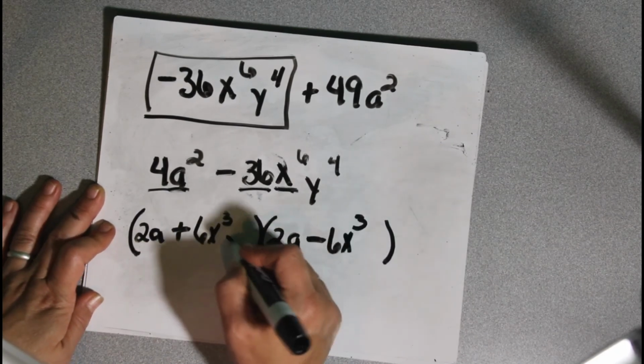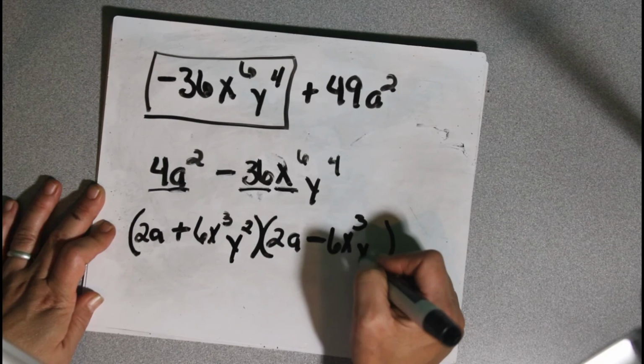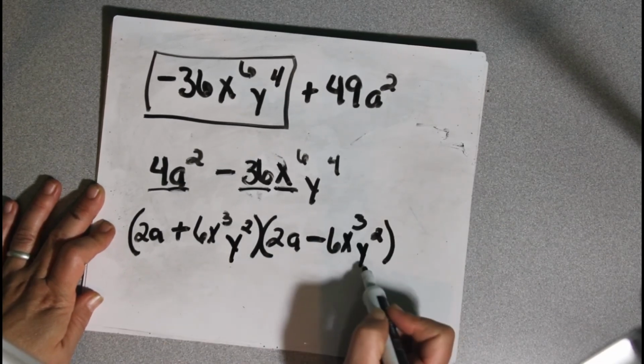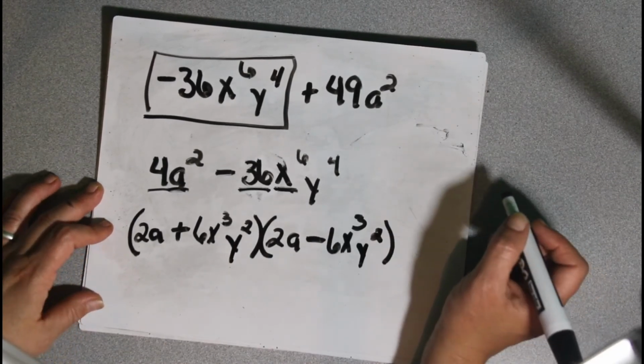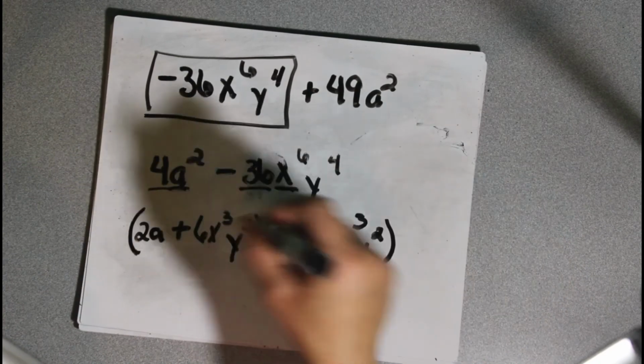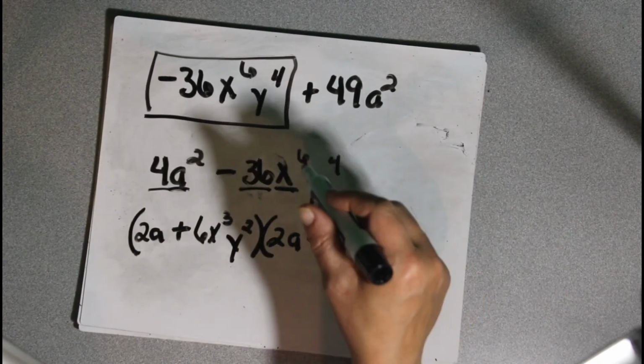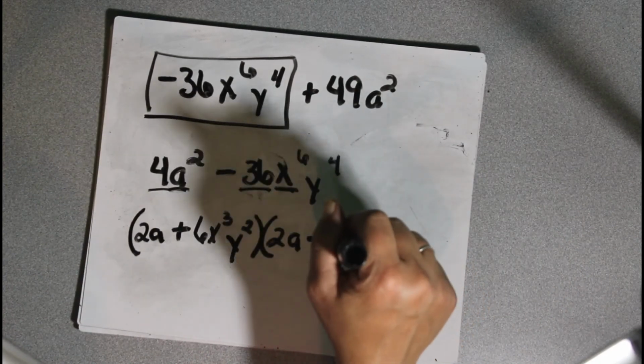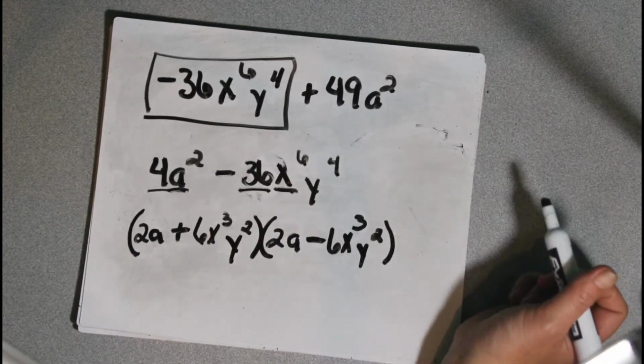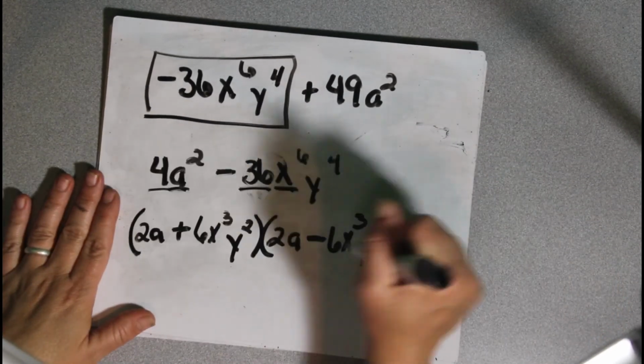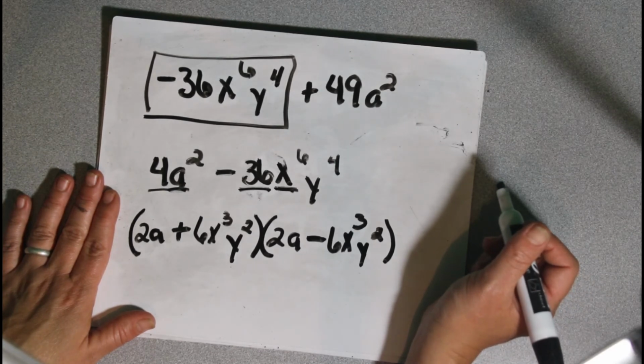Y to the 4th, we're just going to cut that in half. It would be y squared, because y squared times y squared would be y to the 4th. X to the 3rd times x to the 3rd would be x to the 6th. When we multiply exponents, we add them. So basically you're just dividing it by 2. You're dividing it in half.